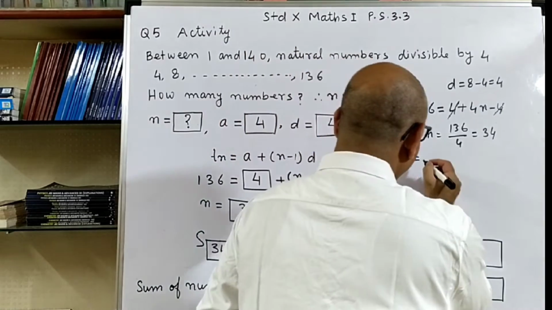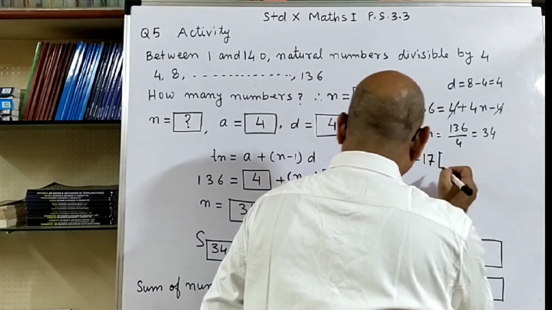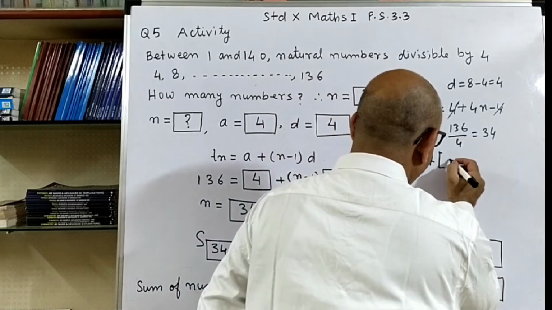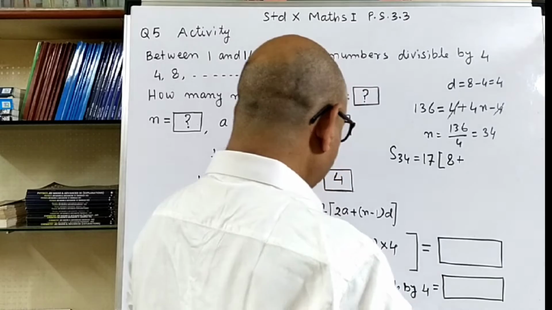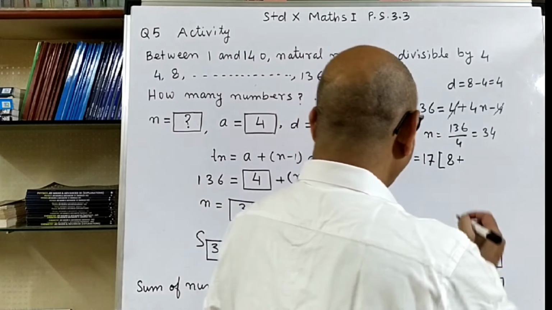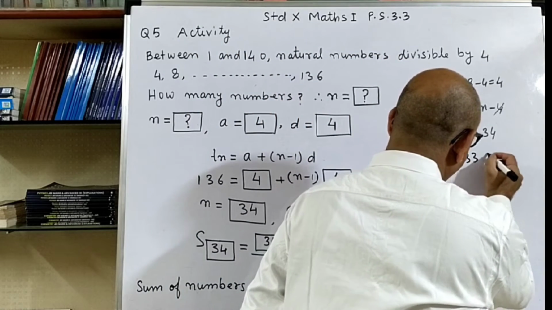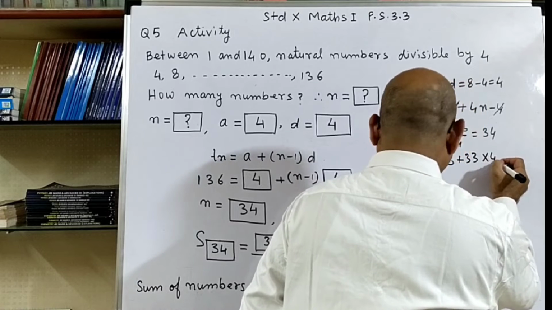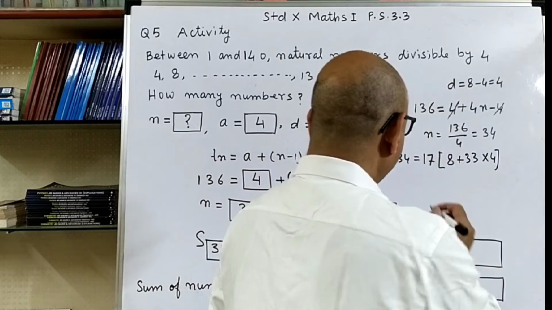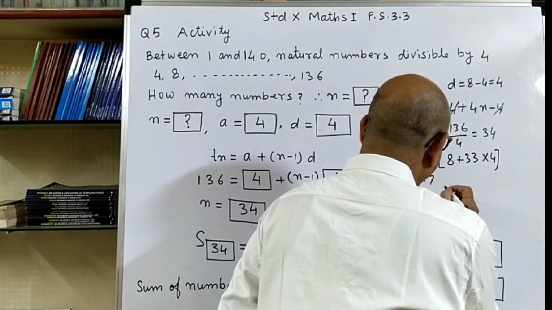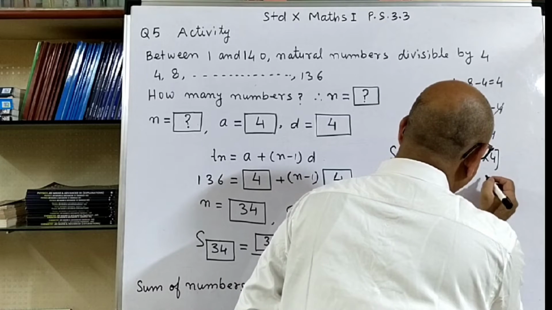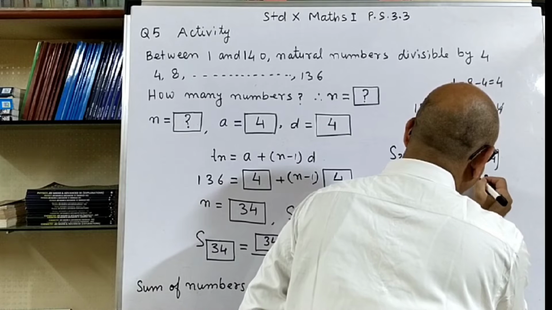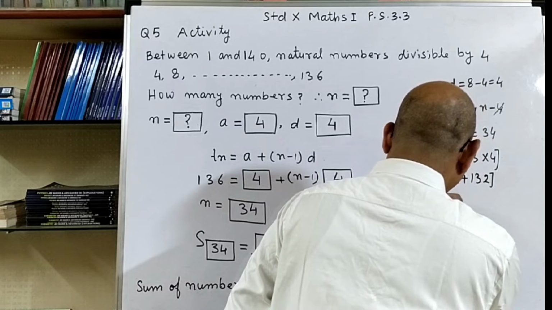S34 is equal to 34 by 2, which means 17, times 2a, which is 8, plus 34 minus 1, which is 33, into 4. This is equal to 17 into 8 plus 132.